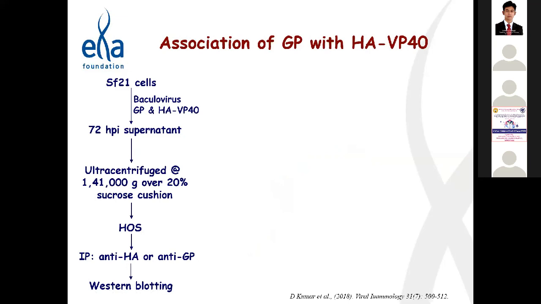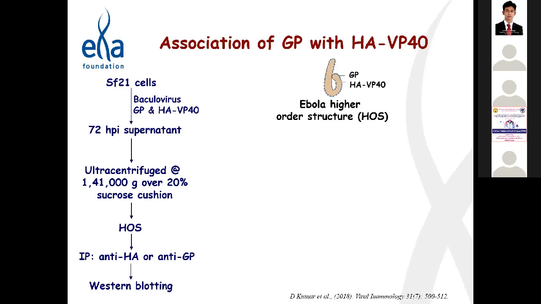So for that, we did the immunoprecipitation. We used two antibodies here, anti-HA to pull down the VP40 and detect both VP40 and GP in those samples. We also did vice versa, where we used anti-GP antibody to pull down the GP expressed by baculovirus, and then looked at whether we can detect both GP and VP40 in the other case.